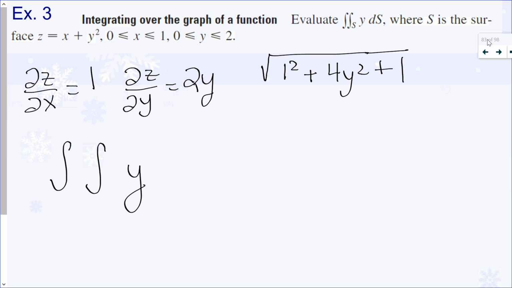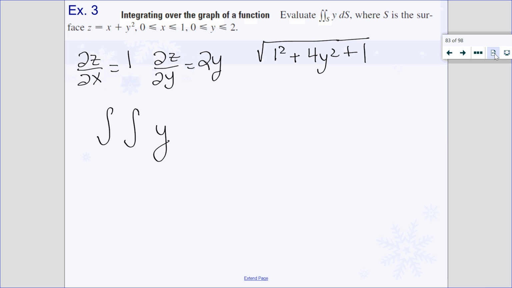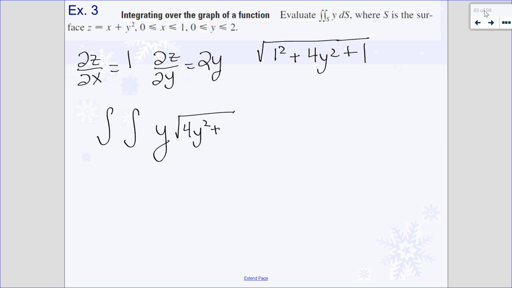Now, if our integrand had a z in it, we would have to replace z with x plus y squared, but we don't have to do that because our integrand just has a y in it. Remember, we have to have only x's and y's when we do our double integral. But it's y times the square root of 4y squared plus 2. And I'm just going to do dy dx. Our y going from 0 to 2, x going 0 to 1.